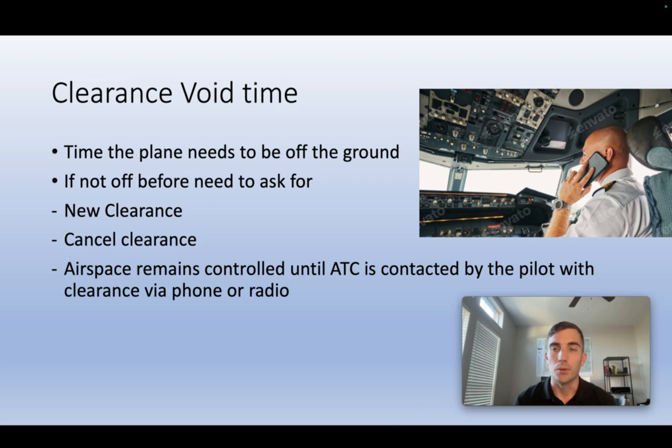And so you have to let them know if you're not going to depart, because they're going to continue to protect that clearance. You're going to need to call them back and let them know you need a new clearance with an extended void time, if you had some sort of problem with run-up that is now resolved and you can still go fly, or you can just let them know you're going to cancel your clearance. And then again, the airspace remains protected until you call them.